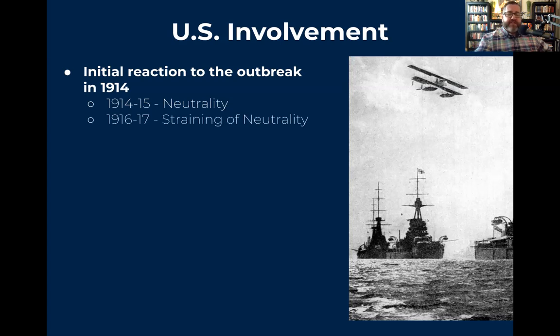But there are certain events that are going to begin to strain that U.S. neutrality, that are going to really put Woodrow Wilson in a difficult position, and his temper is going to increasingly become inflamed, pushing us towards war, specifically with the Zimmermann Note. Germans are going to send a telegram to Mexico encouraging them to take Germany's side, perhaps stage an invasion across the Rio Grande or through America's Southwest.